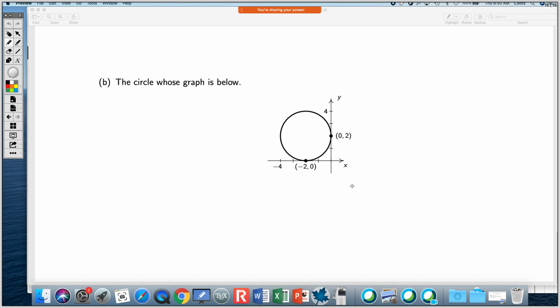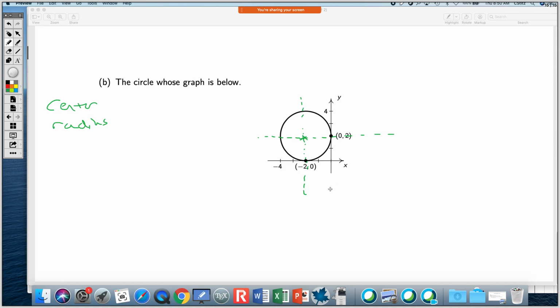So how could we go about figuring this out? There's a couple different ways to do it. Remember, we need a center and a radius. All right. So looking at this example, one way to do it is say, okay, well, where would these two lines intersect?